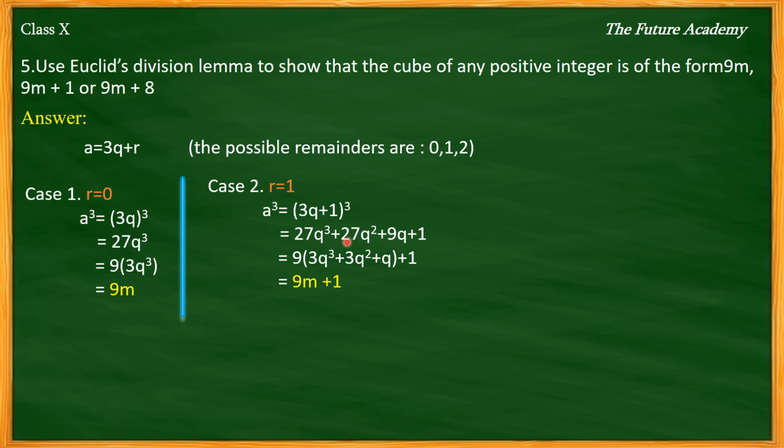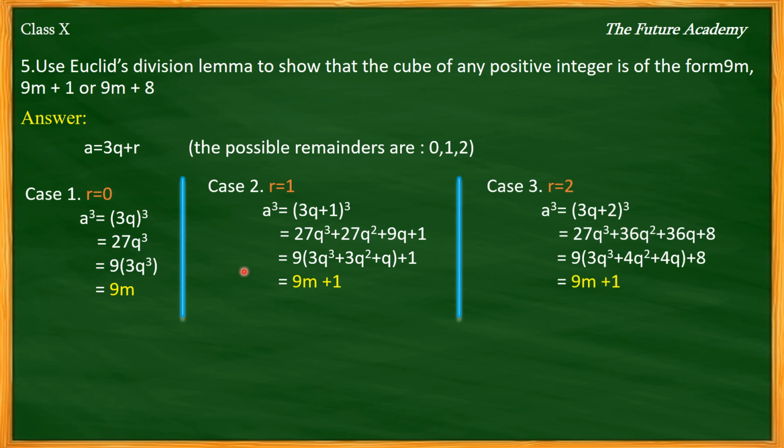From these three terms, we can take 9 as common. So we can rewrite this as 9 into 3q cube plus 3q square plus q, plus 1. This is equal to 9m plus 1.